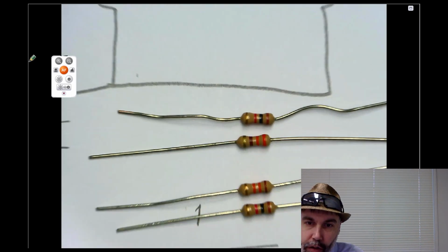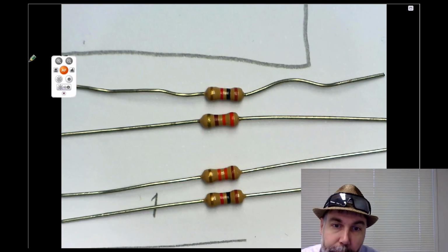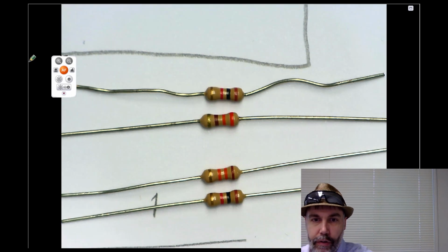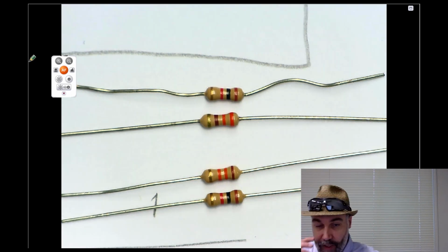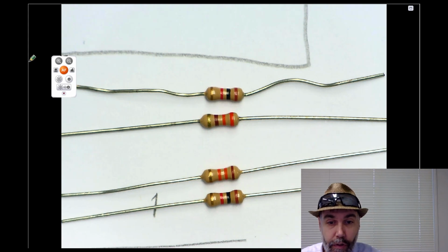So here are our resistors. So these colors are not very vibrant, and they can be really, really hard to see sometimes.